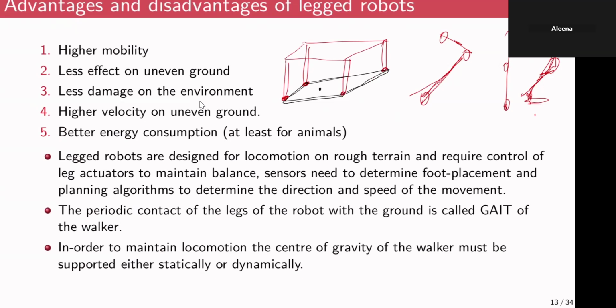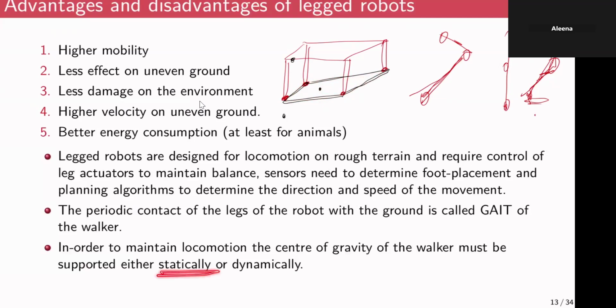If the center of gravity is outside this polygon, maybe if you are keeping a very large weight over here and the center of gravity shifts outside this polygon, the table would topple over. The table is no longer stable. The same thing applies to the static equilibrium of legged robots. The center of gravity should be within the polygon of the points of contact of each of these legs.